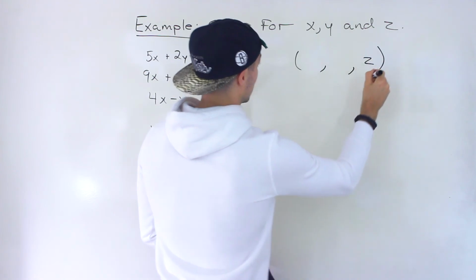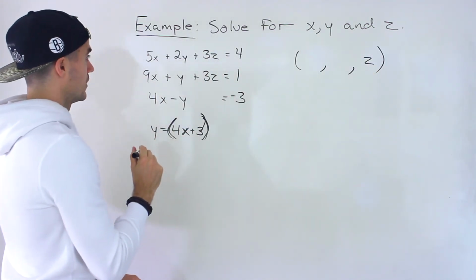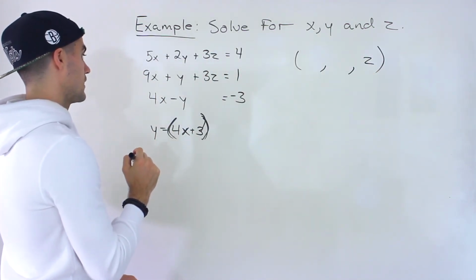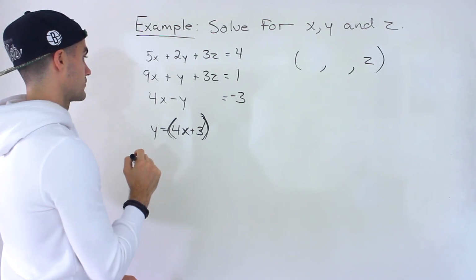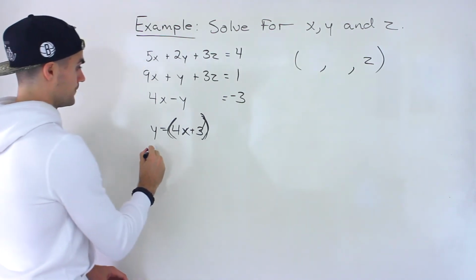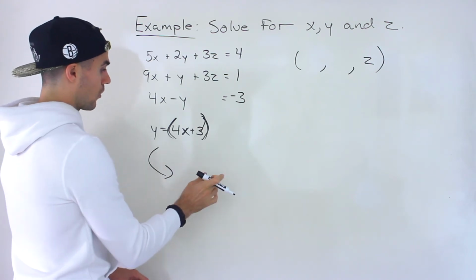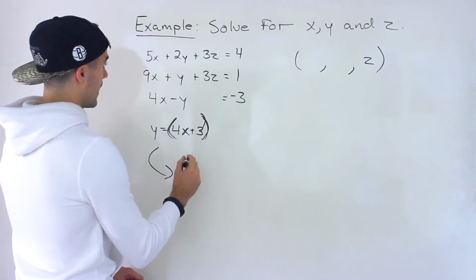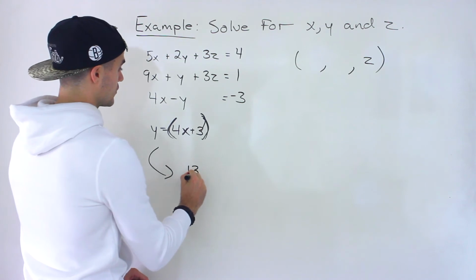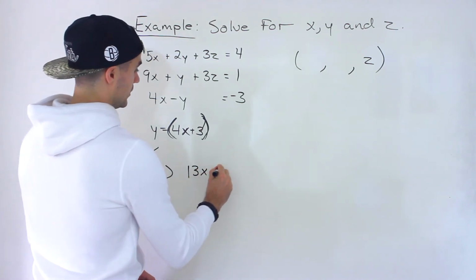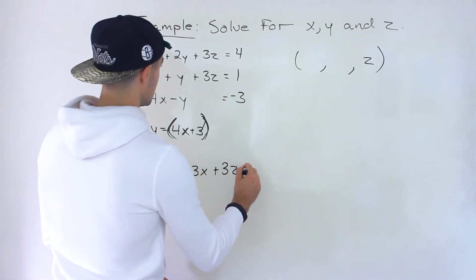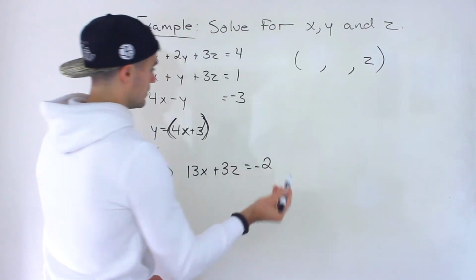We know we're going to have z by itself. What we can do in this case is use the equation we got before. What did we have? We had 13x plus 3z is equal to negative 2.